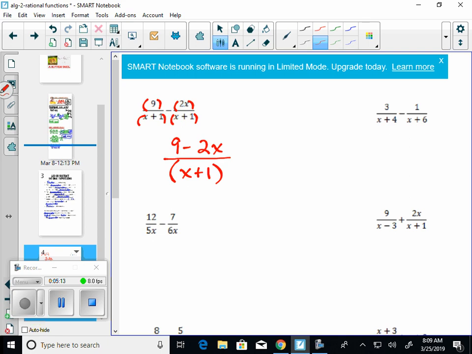Can you combine anything on the numerator? Will anything combine? Nope, not like terms. And does anything cancel out? So this is simplified.